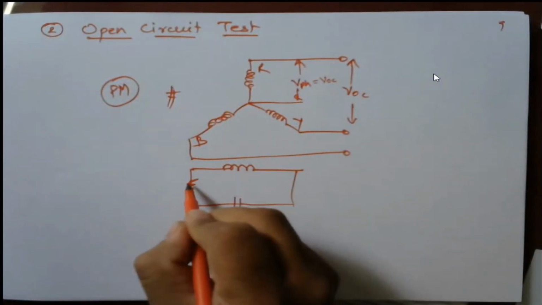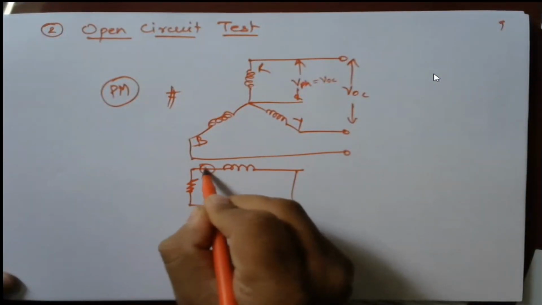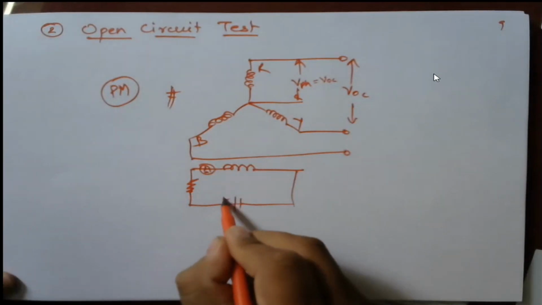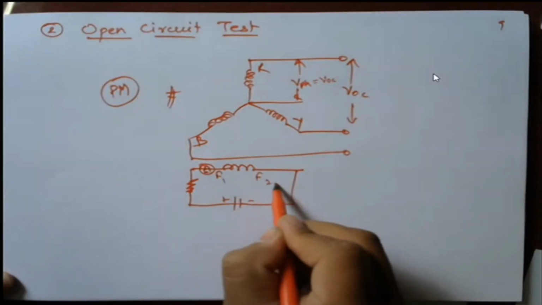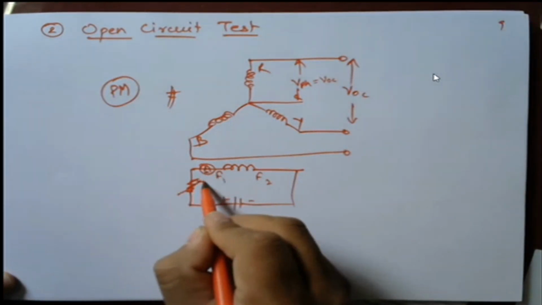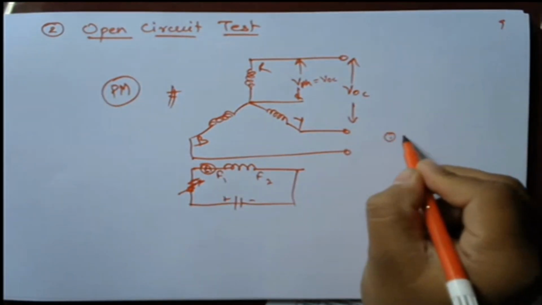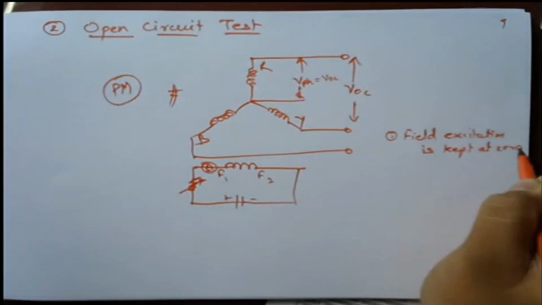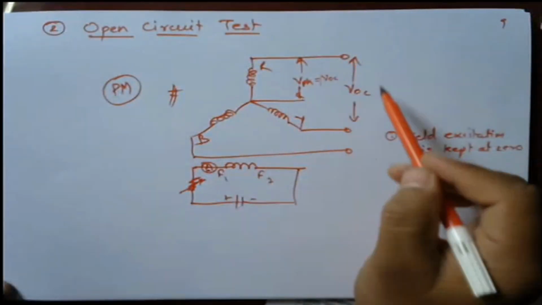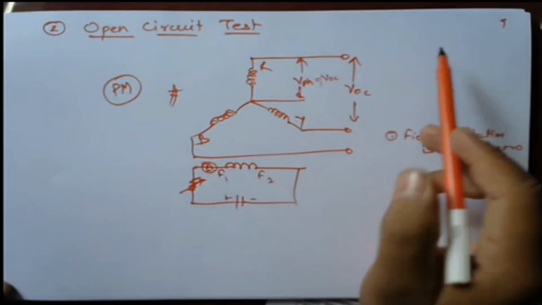Here I require one ammeter. As DC supply is given to the field winding, I will connect one DC ammeter over here. This is a variable terminal. First step, the field excitation is kept at 0, with the circuit open and no load connected.